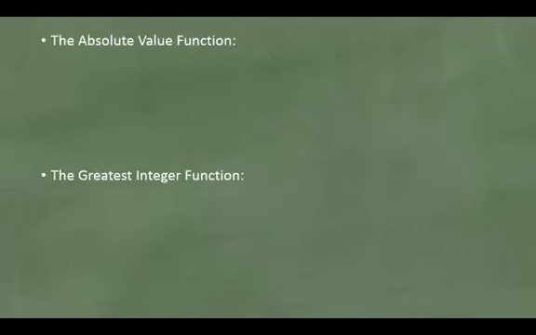The absolute value function. This is a very important function. F of x is equal to the absolute value of x. Remember, what that means is that you're going to take x and make it positive. So if I give you an x like negative 2, negative 1, 0, positive 1, positive 2, all that's going to do is make them positive.